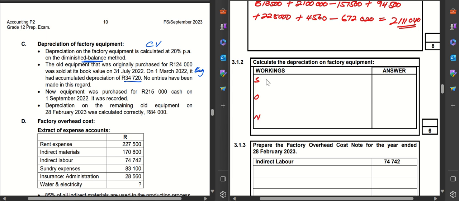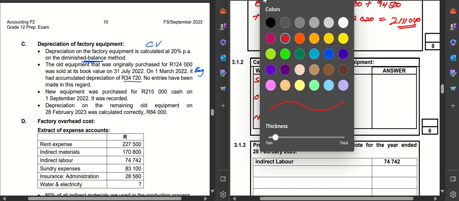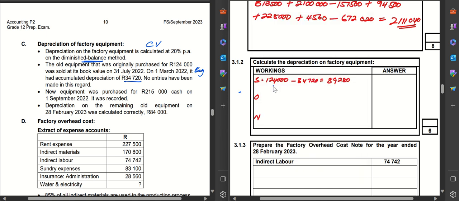So this sold equipment had a cost price of 124,000 and accumulated depreciation at the beginning of 34,720. That means it had a carrying value of 89,280. We then take that carrying value of 89,280 and multiply it by the rate of depreciation, which we're told is 20%.